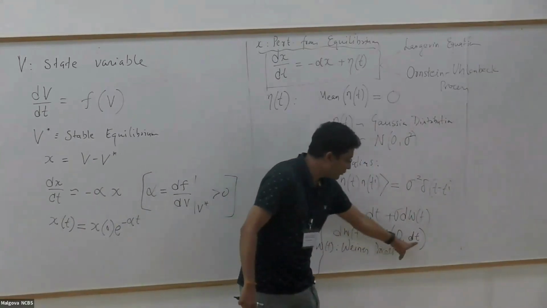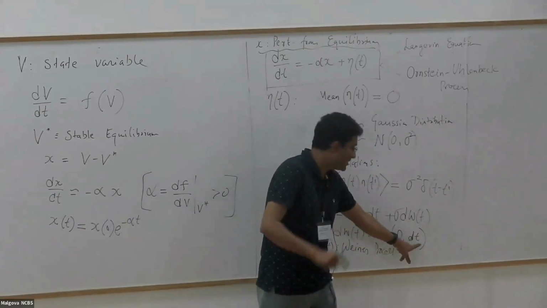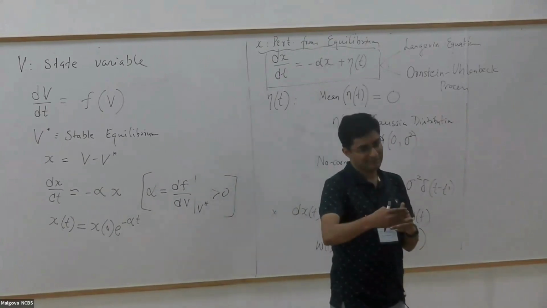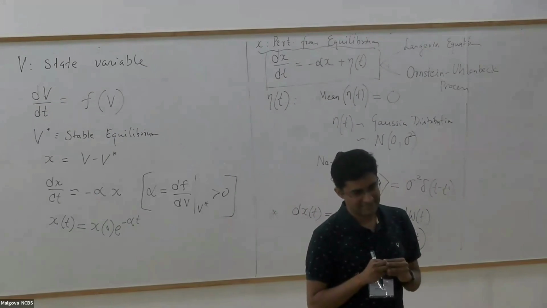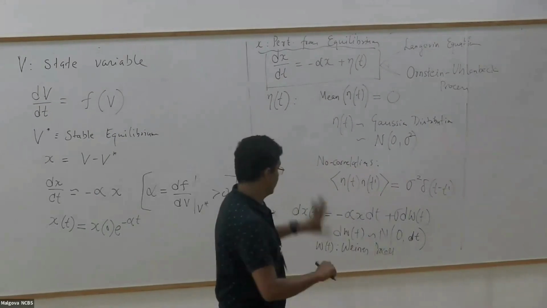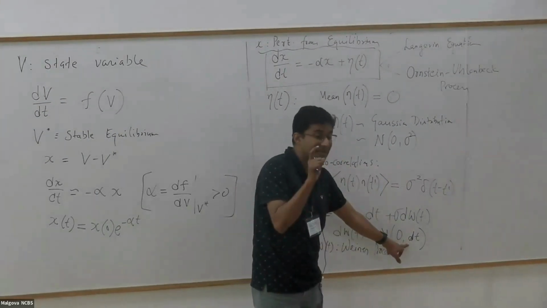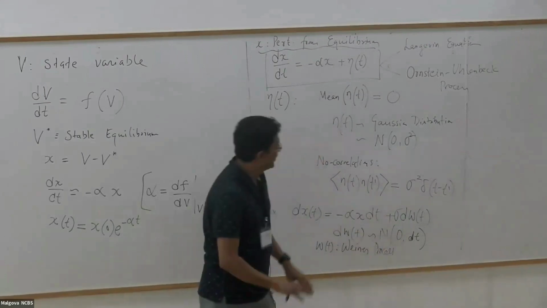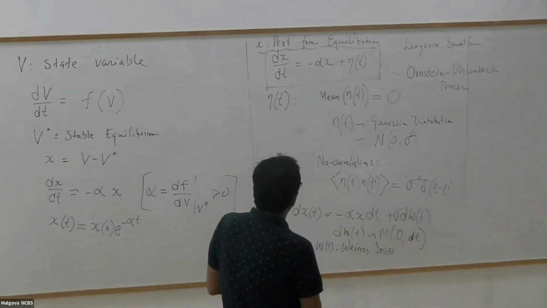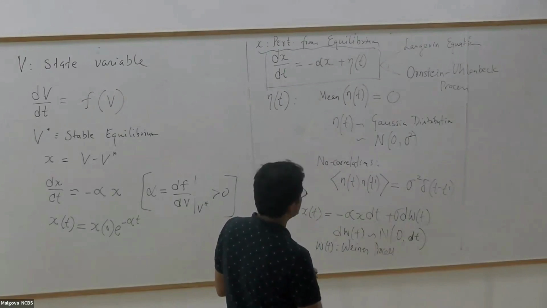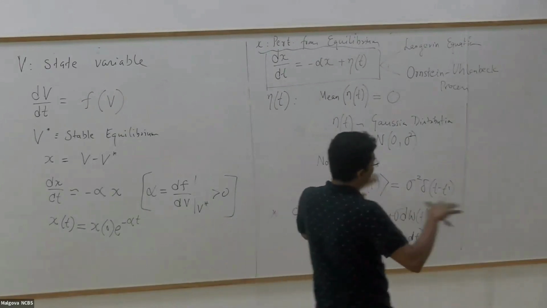So the variance of the increment is proportional to the time interval. They are mathematically equivalent statements. Just to be sure, it doesn't depend on time, it depends on the time interval. So this is where we have defined how to understand the stochastic fluctuations around an equilibrium.